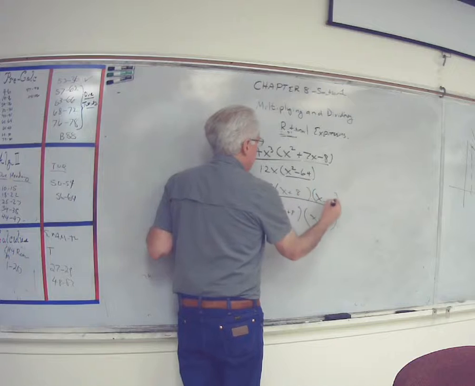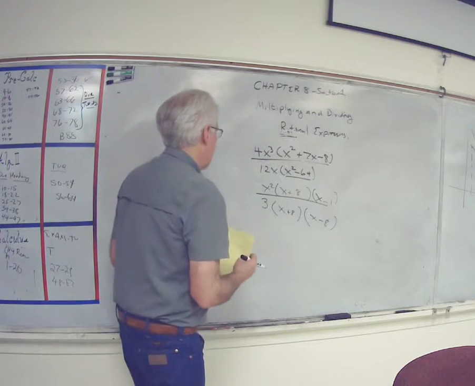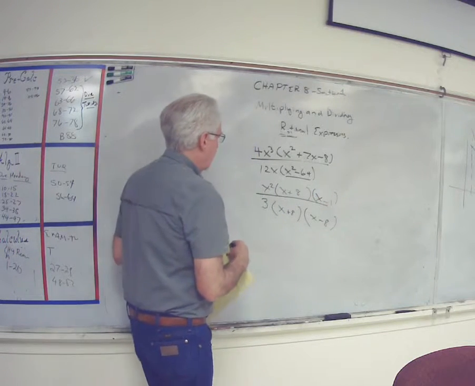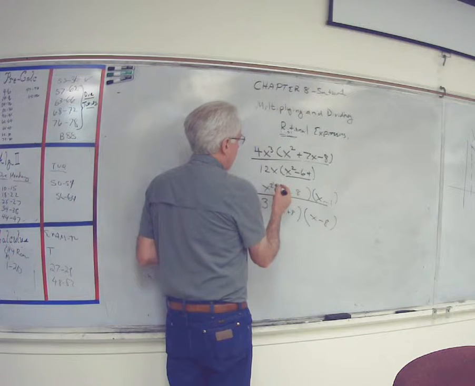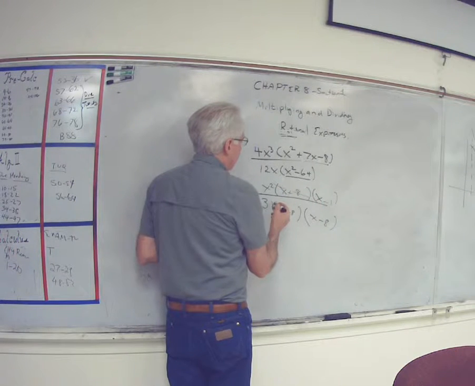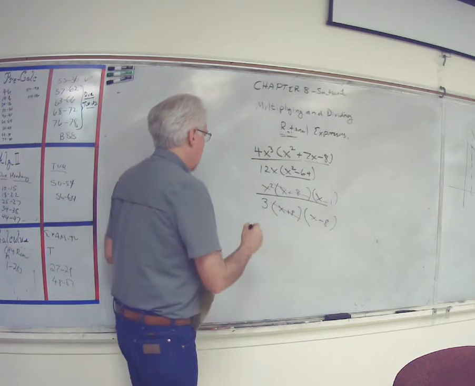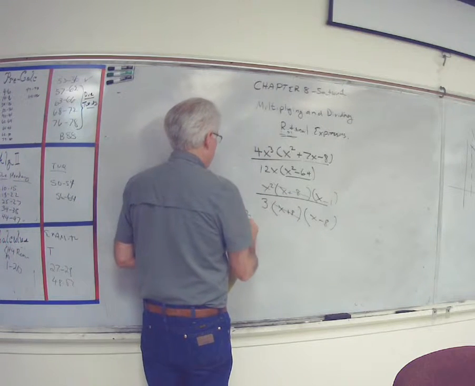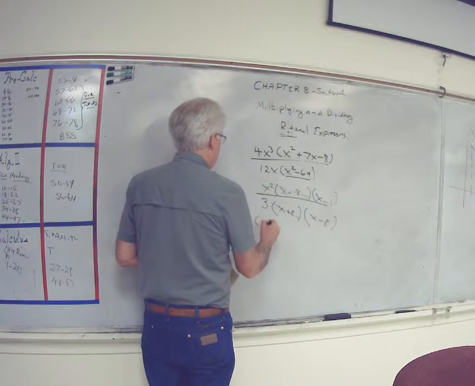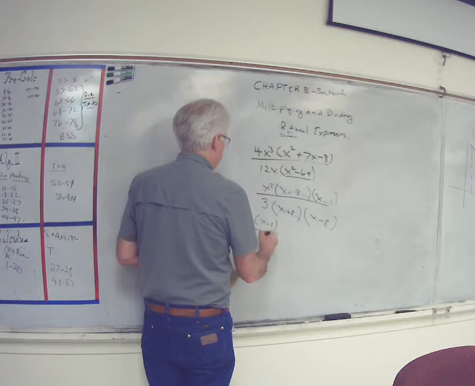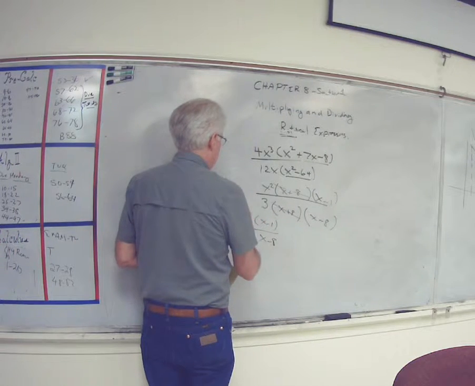Now a little magic happens, right? x plus 8 divided by x plus 8 becomes what? 1. So now I have x squared over 3 times x minus 1 over x minus 8.